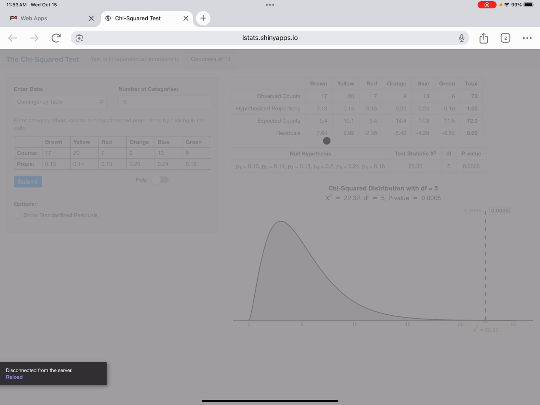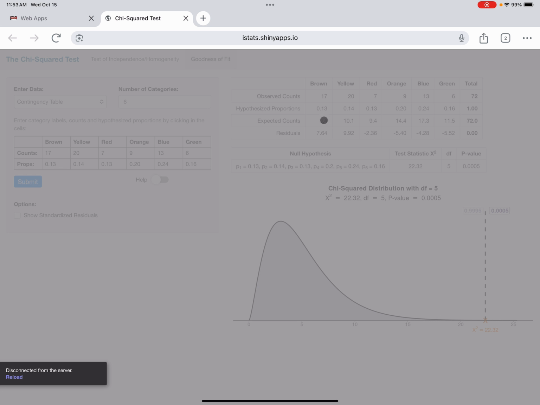And so maybe that is kind of throwing you off a little bit. But if you subtract 17 minus 9.4, you get 7.6, right? And if you do 20 minus 10.1, you get 9.9. And if you do 7 minus 9.4, you get negative 2.4, and so forth. So that's what these residuals are. It's the difference between what was expected and what was observed.